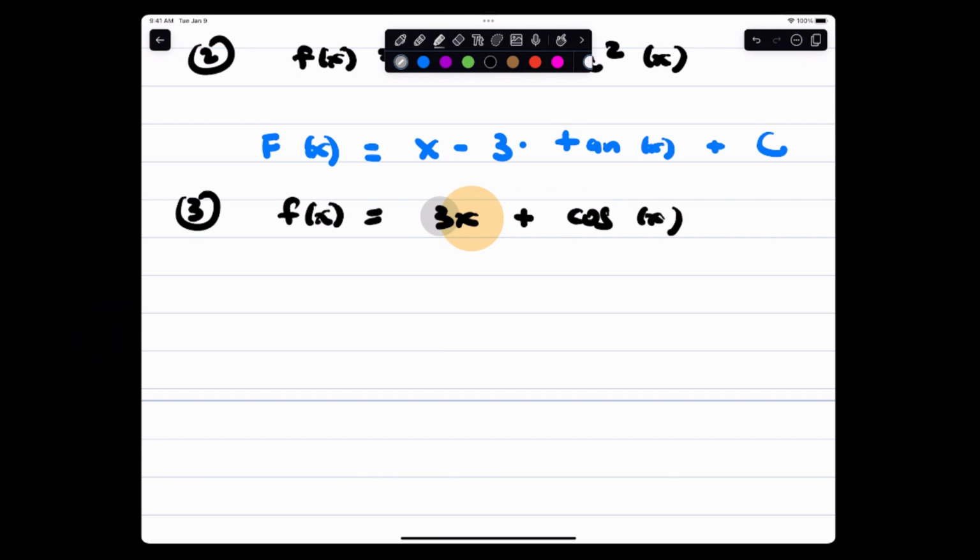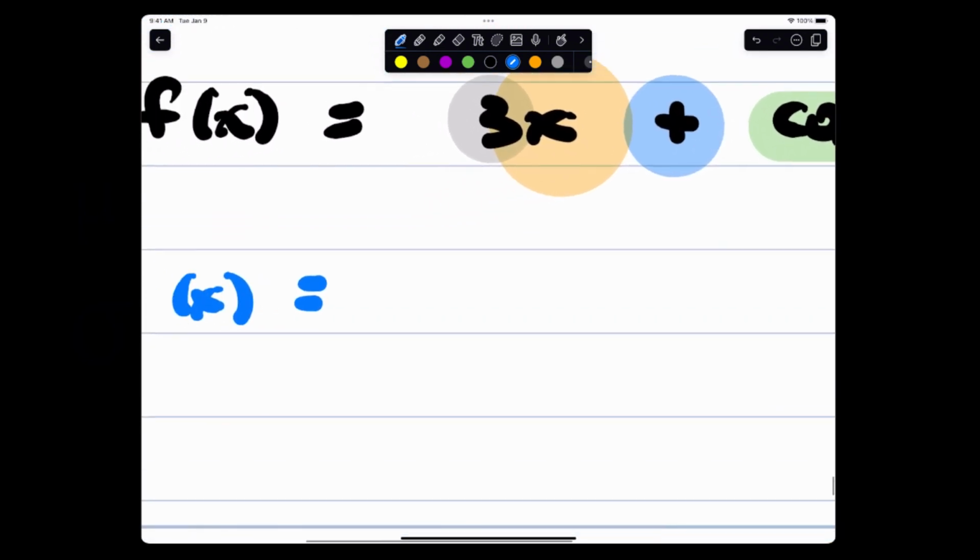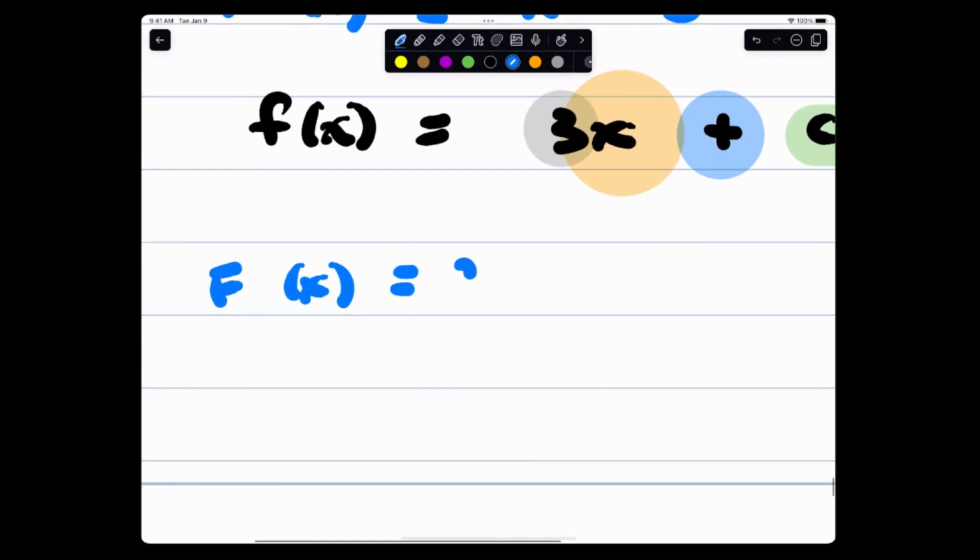You have the constant 3, and the operation is addition. We need the antiderivative of cosine. So, big F. Keep the constant 3.